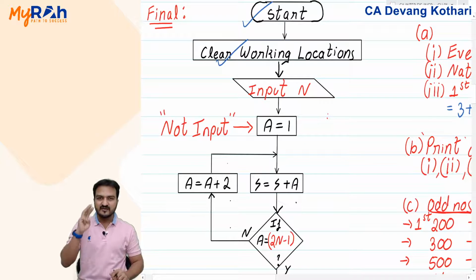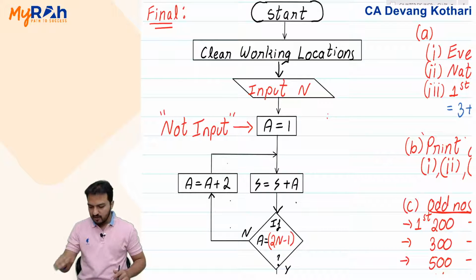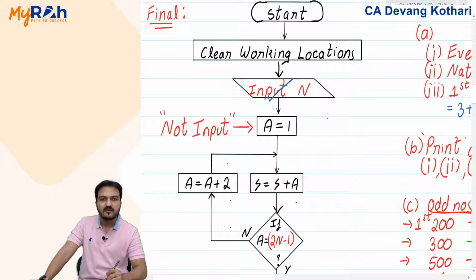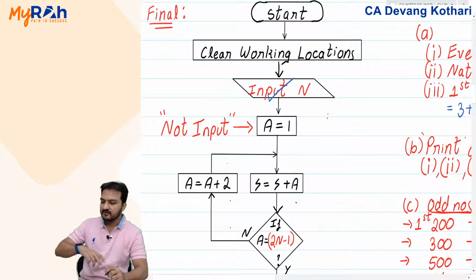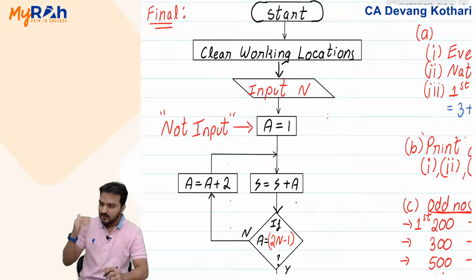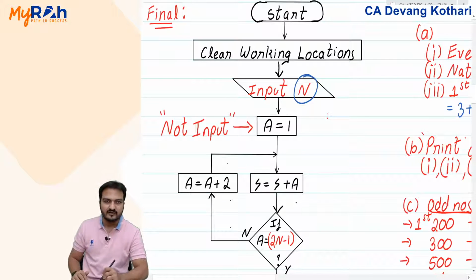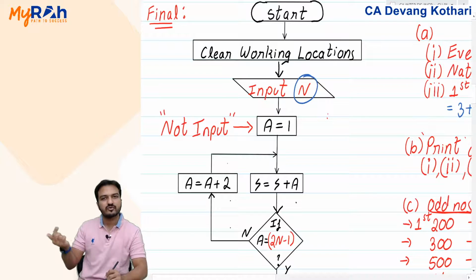These three things should come in every flowchart. Then I've taken input n. This indicates that you are asking the user to give an input. The user gives a number which I am storing in location n.